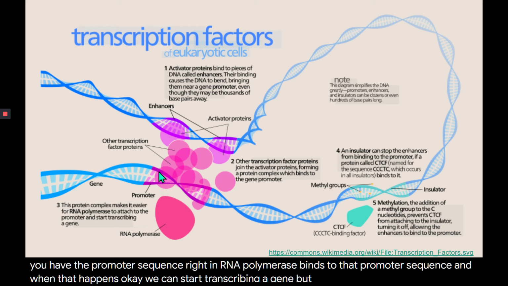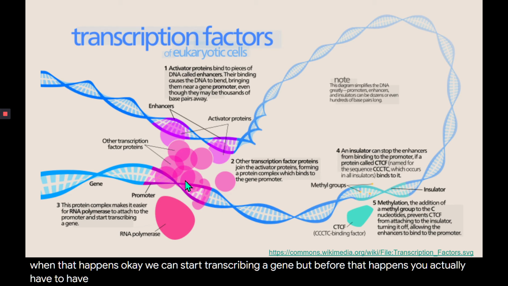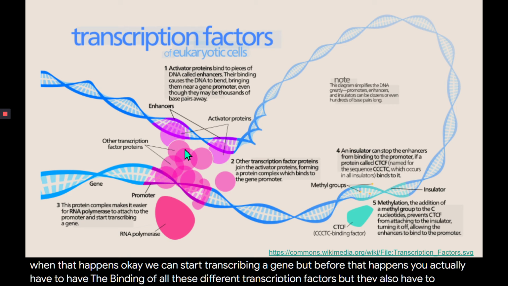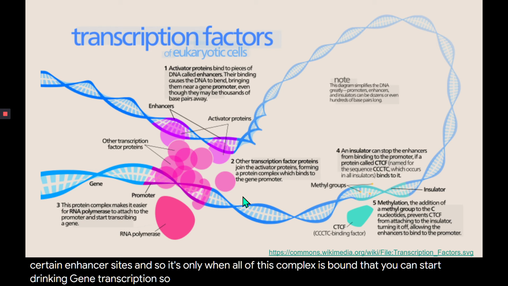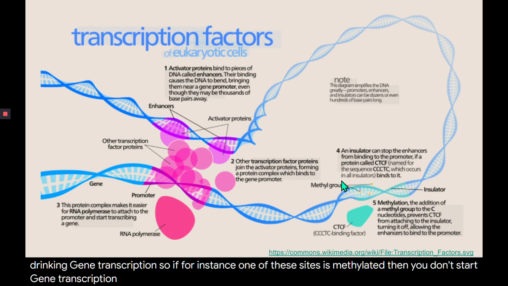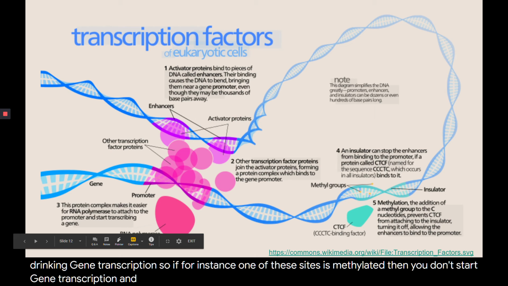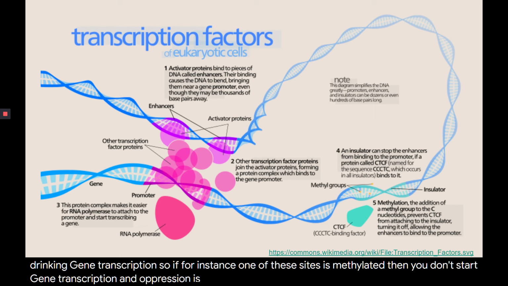But before that happens, you actually have to have the binding of all these different transcription factors, and they also have to bind to certain enhancer sites. It's only when all of this complex is bound that you can start gene transcription. So if, for instance, one of these sites is methylated, then you don't start gene transcription. Gene expression is impacted.